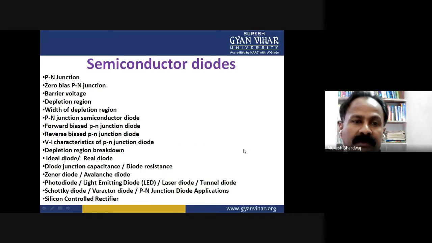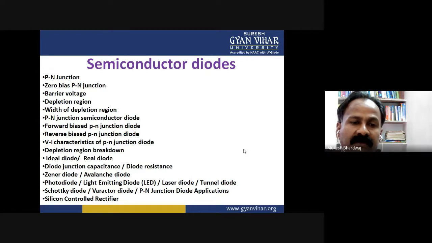So semiconductor diodes. In this topic, we are going to learn about the p-n junction, zero bias p-n junction, that is unbiased p-n junction, and biasing. Biasing means the connection of a semiconductor diode or p-n junction diode. What do you mean by the barrier voltage, depletion region?